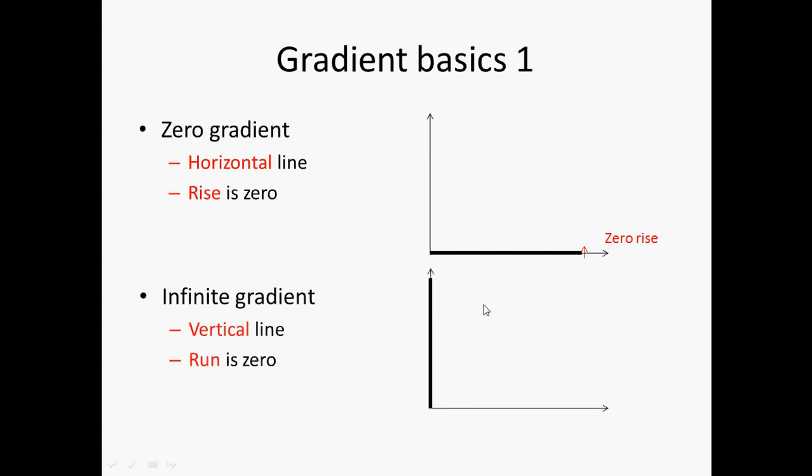Conversely, if you have a vertical line, there is basically no run at all. When there's no run, something divided by 0 gives you infinite. So a vertical line represents infinite gradient, while a horizontal line represents 0 gradient.